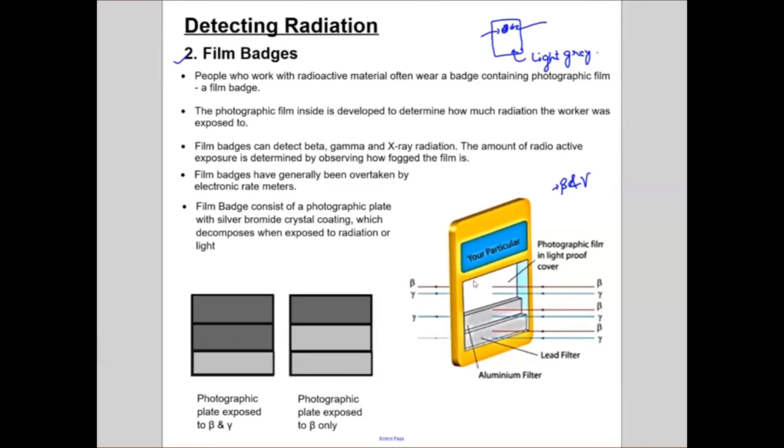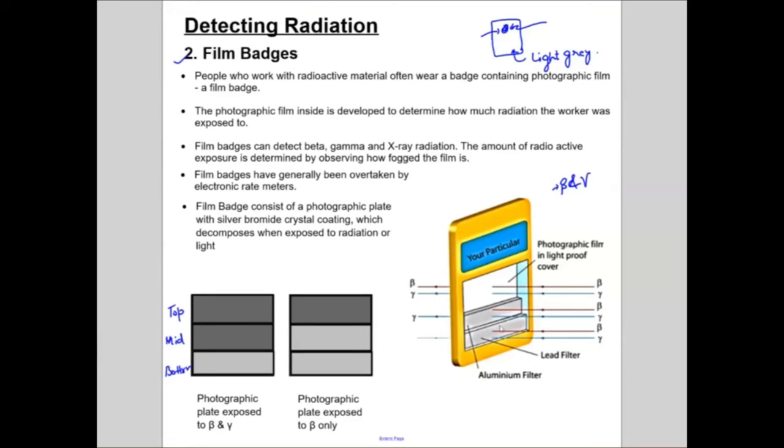When both beta and gamma radiations are present in the environment, the top section, middle, and bottom, the top section of the film would turn darker because both beta and gamma radiation will be able to pass through.